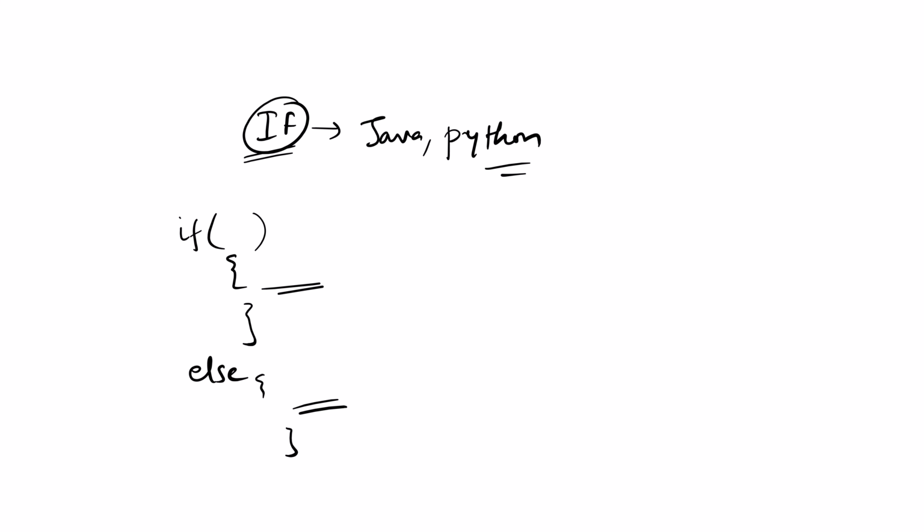So basically what happens is, if the first condition is satisfied, then this piece of code will run, and if the condition is wrong, then the second part will get executed. So let me explain you with an example.